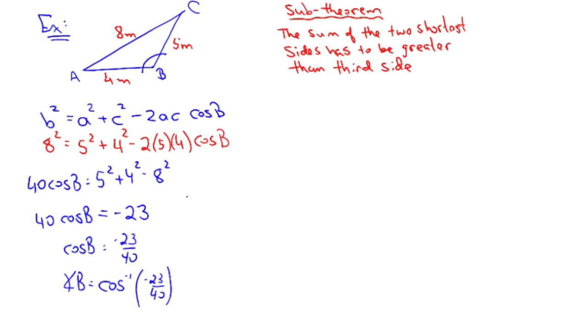And if it's a negative ratio, cosine inverse only works in the first and the second quadrant. And if it's in the second quadrant, it has to be bigger than 90, because it opens up further. So I know that this is going to be greater than 90. What does it come out to be? 125.1. So the measure of angle B is approximately 125.1 degrees.